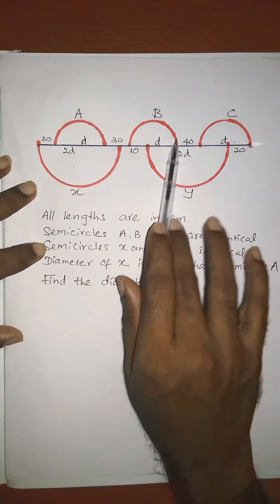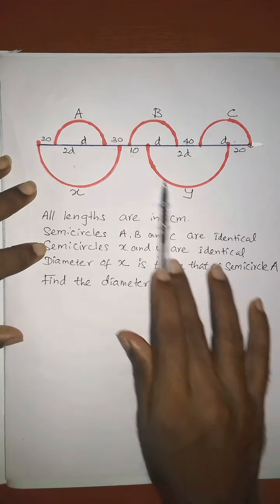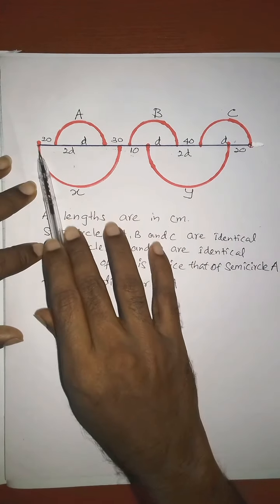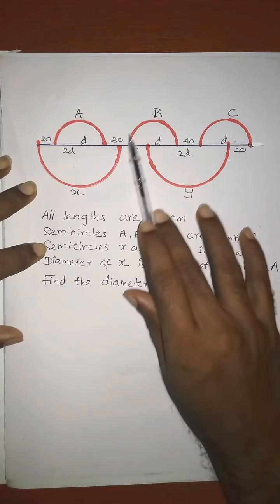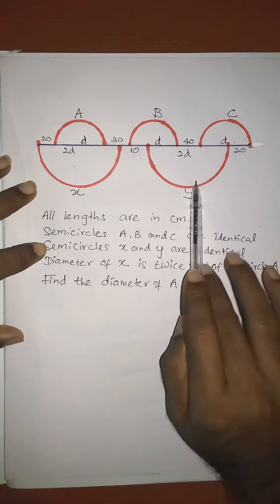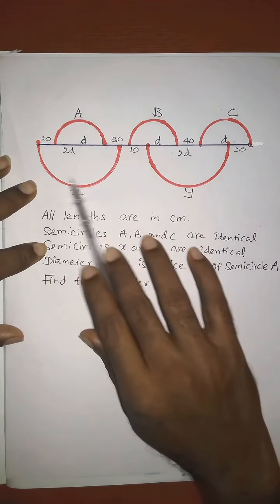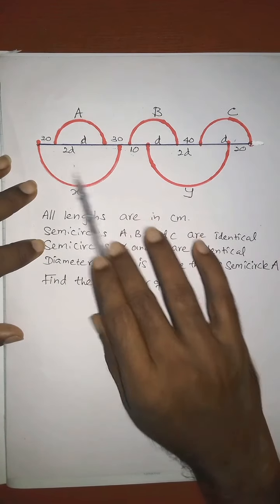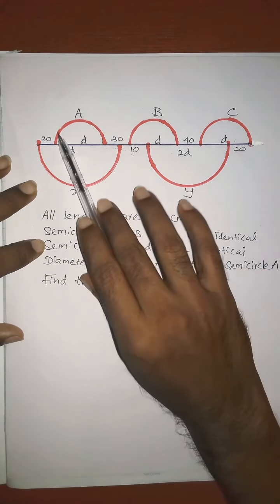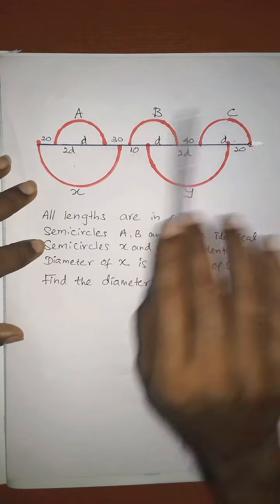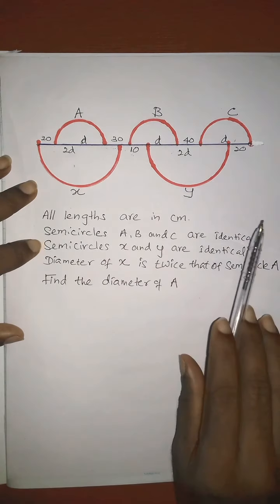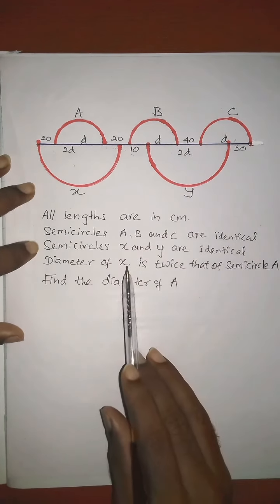These three semicircles are identical, these two semicircles are identical, but the semicircles above the line are not identical to the semicircles below the line. So that is the description.